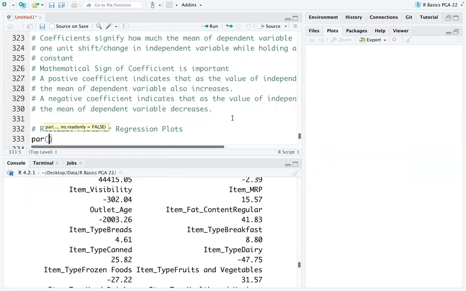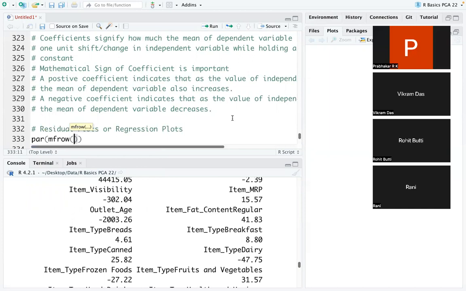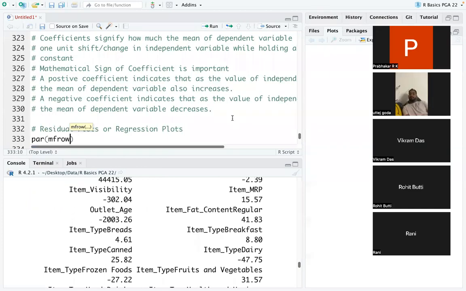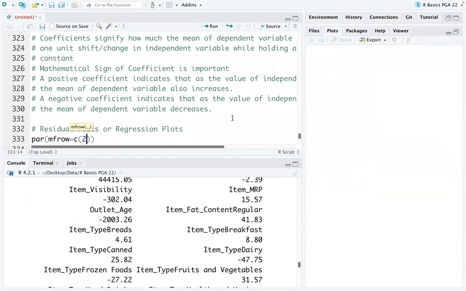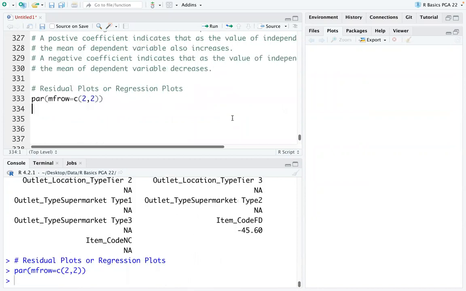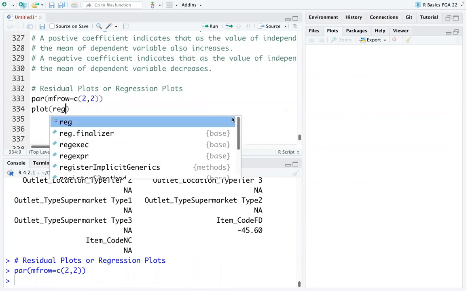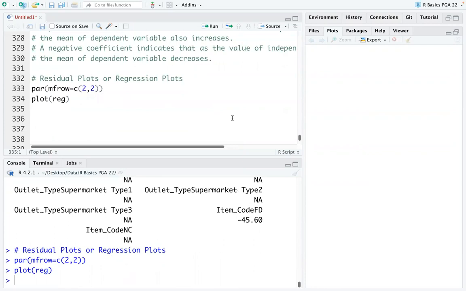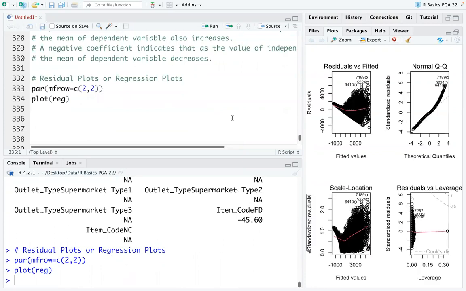So let me split the plot window. mfrow is equal to c(2, 2). plot(reg). So basically, you get the 4 plots.